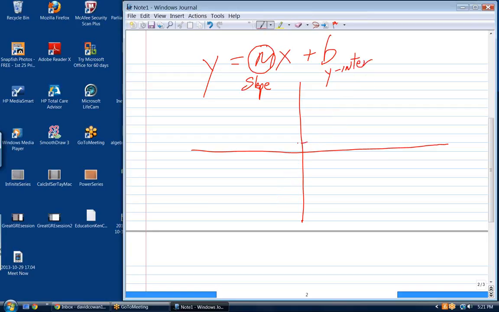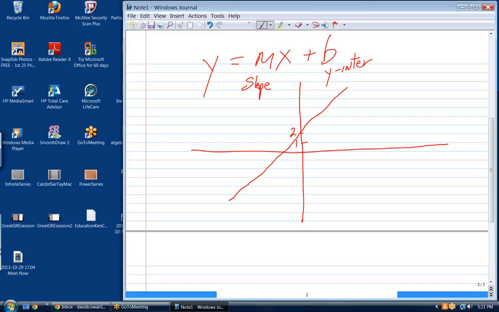Let me draw one here where this is 1, this is 2, and I'll draw a line like that. So that slope looks to be about 1. If I had this on graph paper, I could be precise, but slope is defined as what? Rise over run.